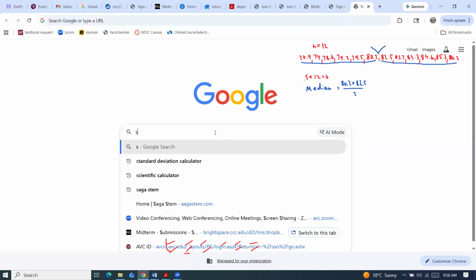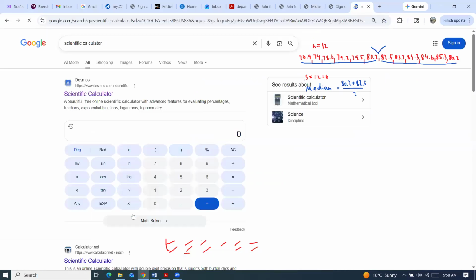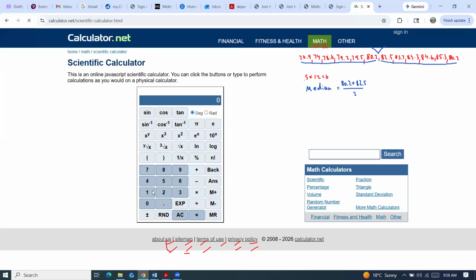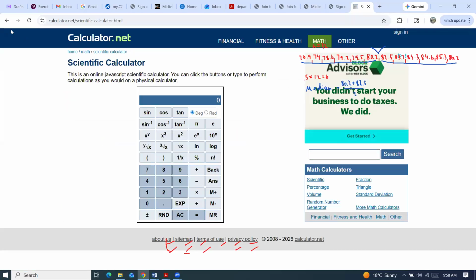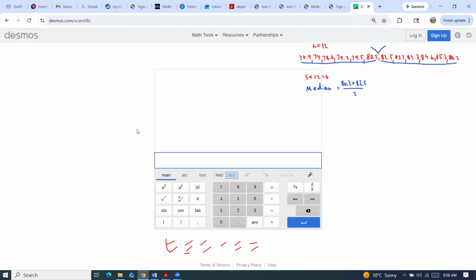So I take the scientific calculator. I think I didn't click Desmos, I clicked something else. Scientific, here it is. First choice, right? So they all work. If you have a preference for some other calculator, you can use anything you like. But I will always use the same to be consistent.